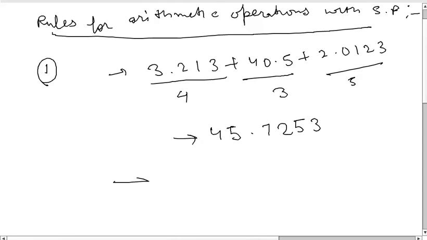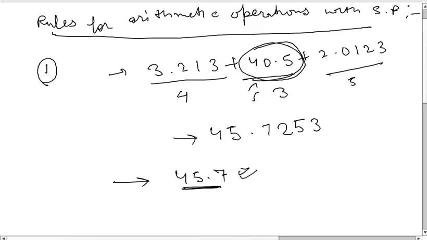But how will I quote this addition? If one asks me the answer, then I will say it to be 45.7. Now, why is that? What is the rule? Because whenever I add or subtract, I will always quote the final answer having the precision of the least precise value of any single term. In this case, this term is having the least significant digits.